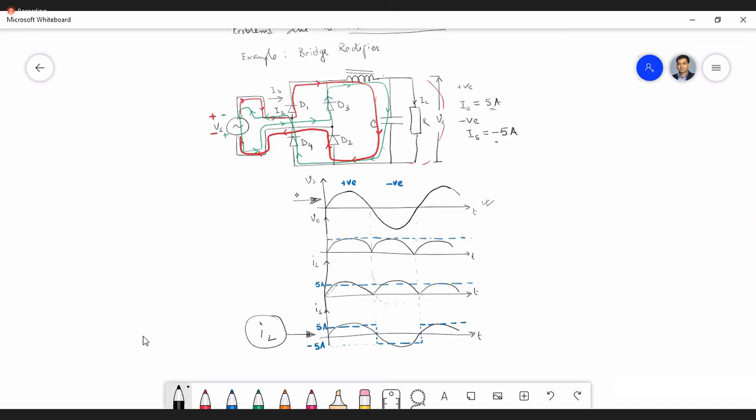Though the source voltage is sinusoidal, we are getting non-sinusoidal source current. So that means the waveforms of the source voltage and source current are different. Then we have to call this circuit a nonlinear load. Got my point? This is an example of a nonlinear load.